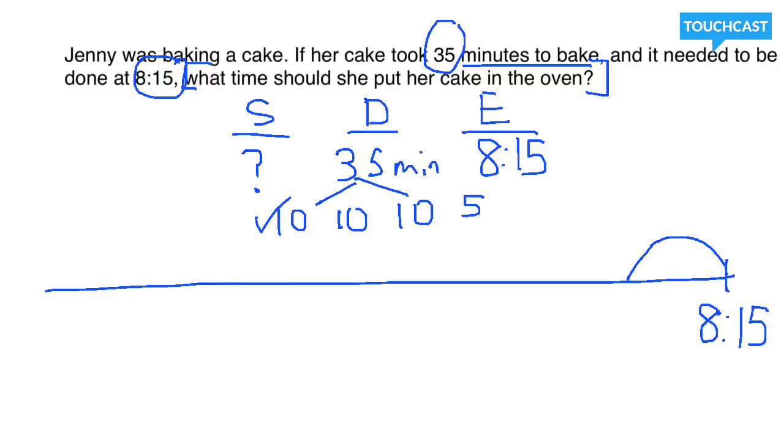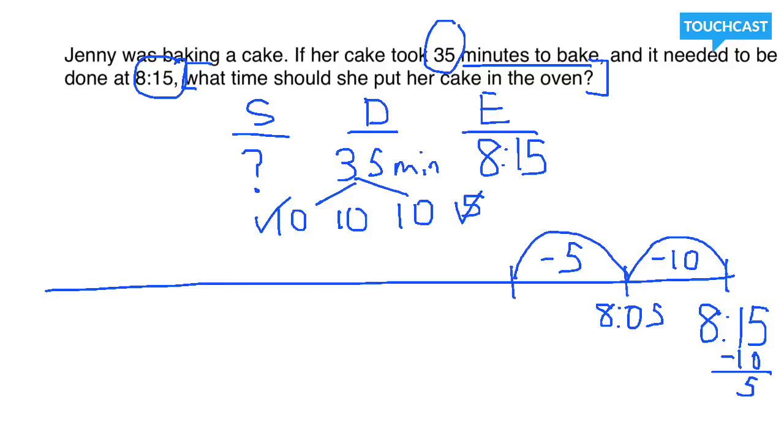I'm going to do 8:15 minus 10 minutes. 15 minus 10 is 5, so now the new time is 8:05. Instead of going another 10 minutes, I'm actually going to do 5 minutes back.